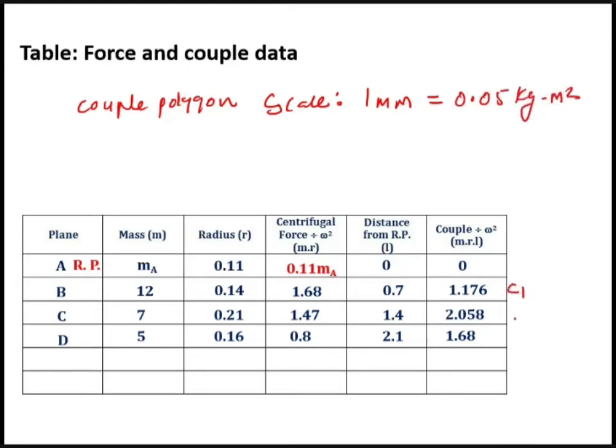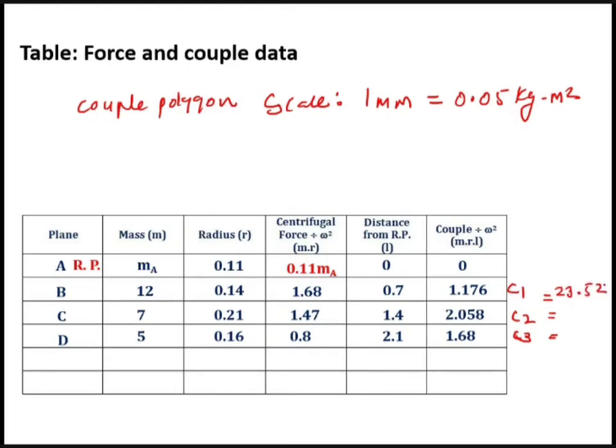So for C1, C2, and C3, how much am I getting? Let us see, 1.176 divided by 0.05, I am getting 23.52 mm.